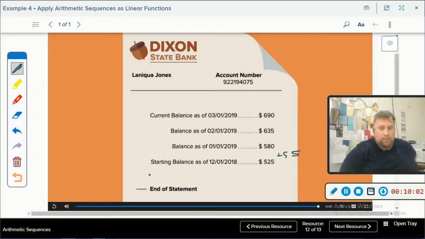So let's try this out. We know our a sub n, put our formula in there, equals our first term, which is 525, plus, we're going to put in our n minus 1 times 55. That's it. And then let's distribute. When I distribute, I get 525 plus 55n minus 55.